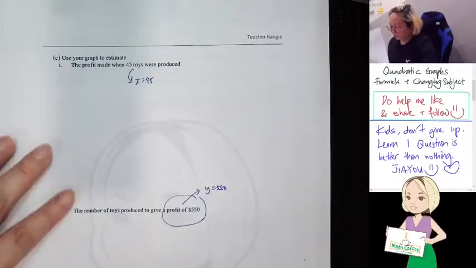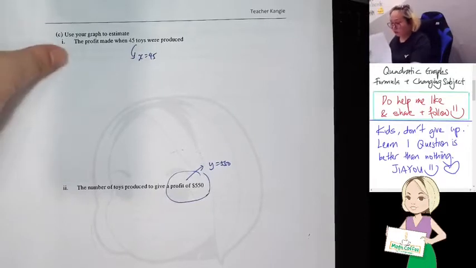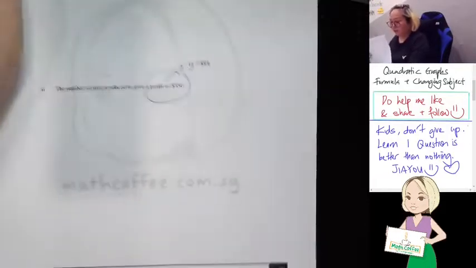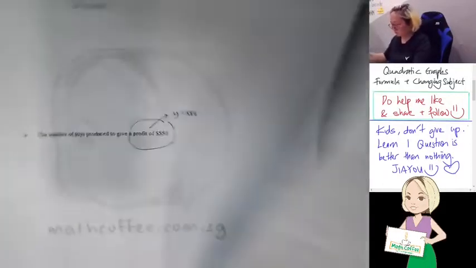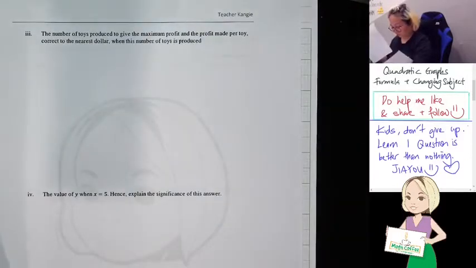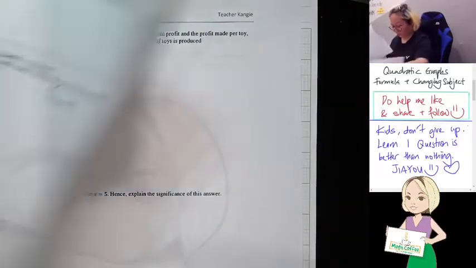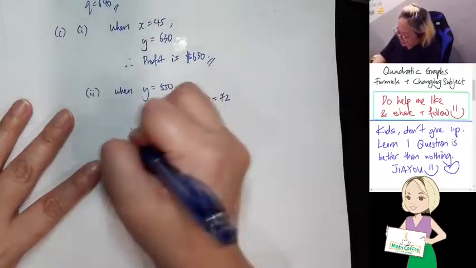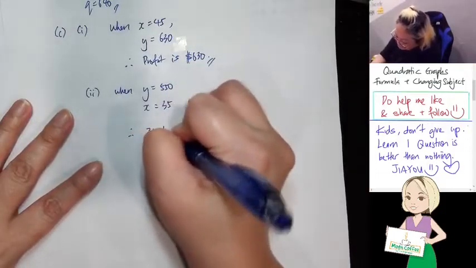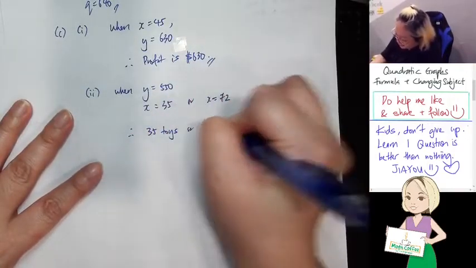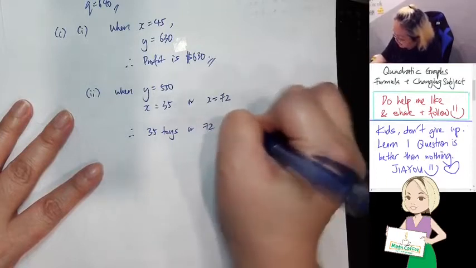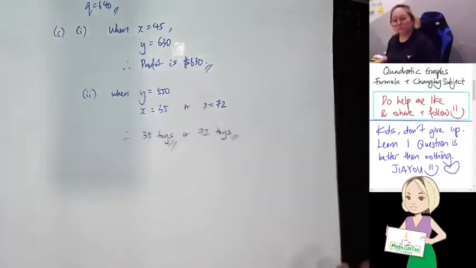So answer their question. They ask the number of toys produced to give a profit of 550. So it means therefore it is either 35 toys or 72 toys. Okay?